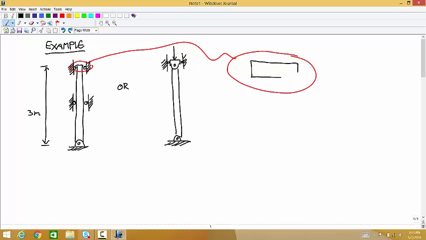The long dimension, which is going from left to right on the page here, is 0.06 meters, 6 centimeters. And the thickness going into the page is 2 centimeters, 0.02 meters. The Young's modulus is 100 times 10 to the 9.